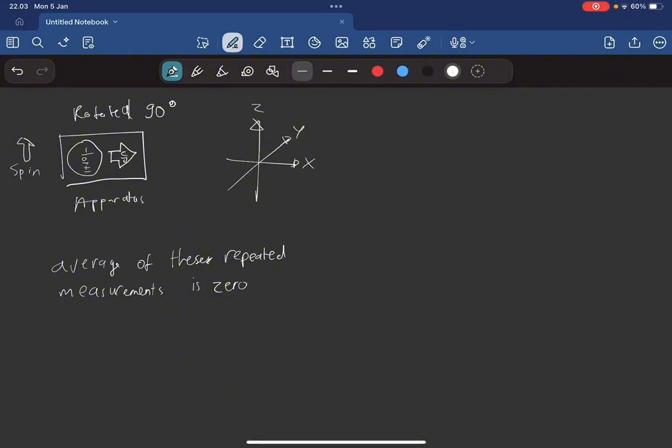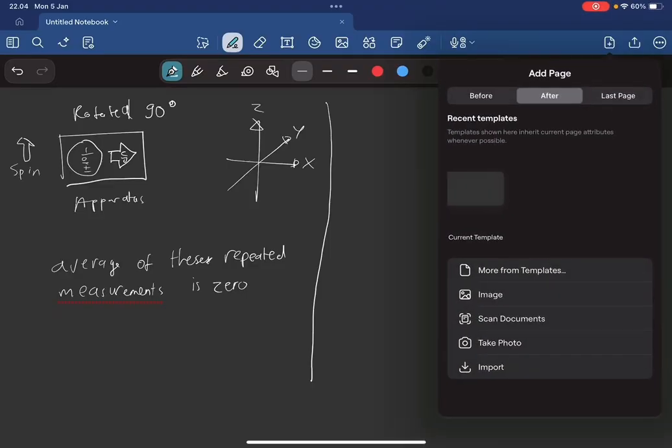Now let's do the whole thing over again, but instead of rotating A to lie on the x-axis, rotate it to an arbitrary direction along the unit vector n. So it looks like this.